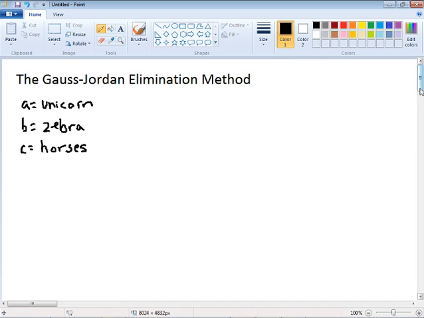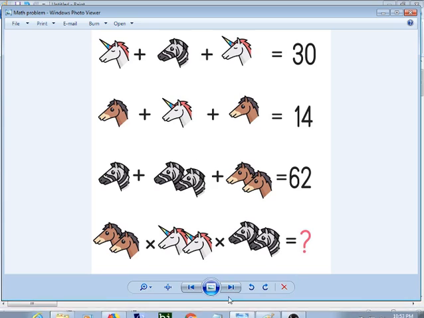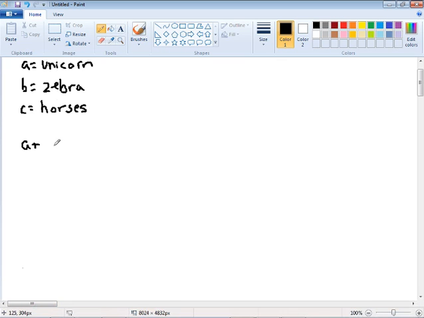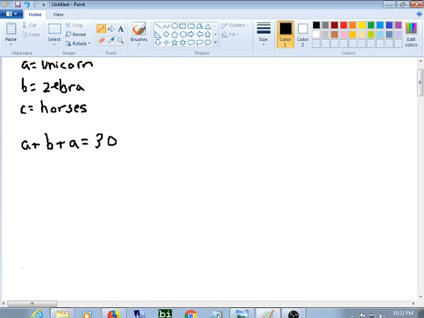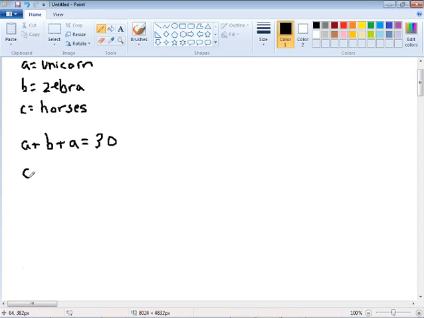Then I'm going to rewrite my equations just like I did before. I have A plus the zebras are B, plus A is equal to 30. And then the next one I have C plus A plus C is equal to 14.